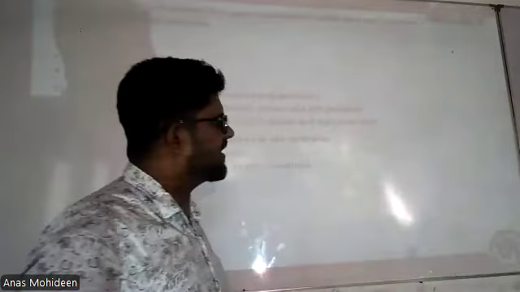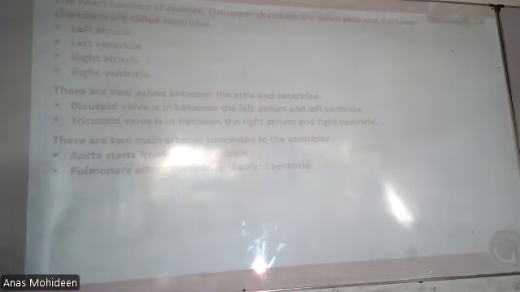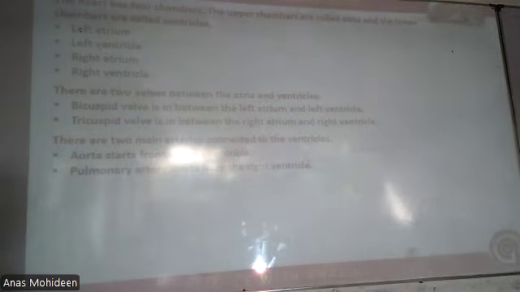Second one, tricuspid valve between the right atrium and right ventricle. That's right. First point we wrote the chambers. Second point about the cuspid valves. Quickly write, go home and fill it up.